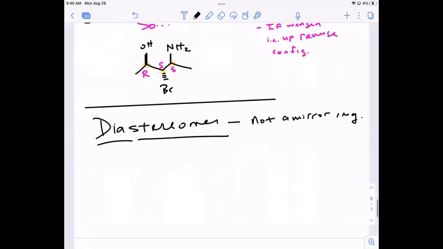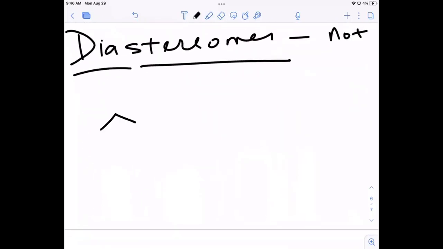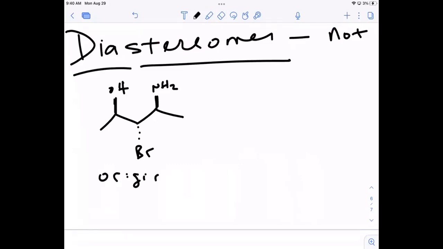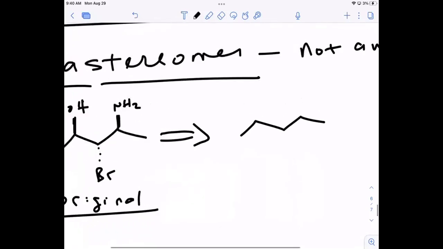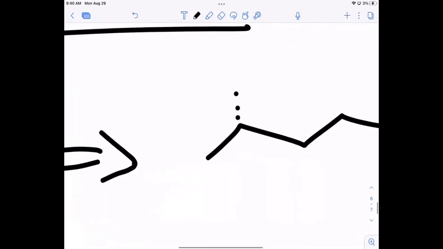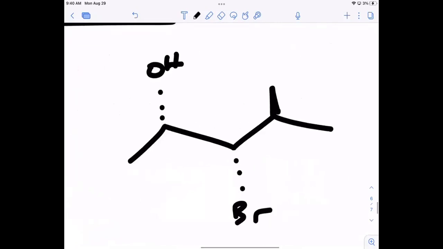So if I take the original image that we started with, Br, NH2, OH, this is the original. A diastereomer of this would look like this, right? I would take this. I only, well, I'll show you.